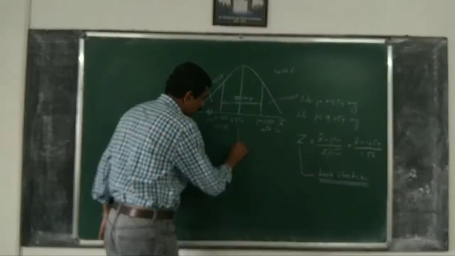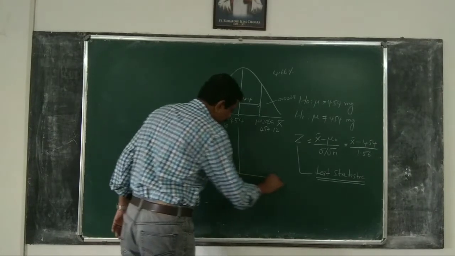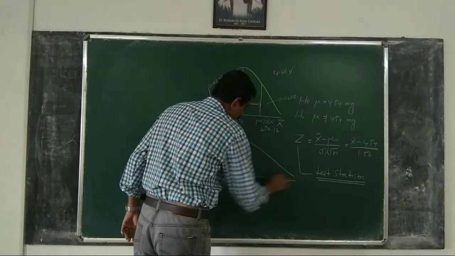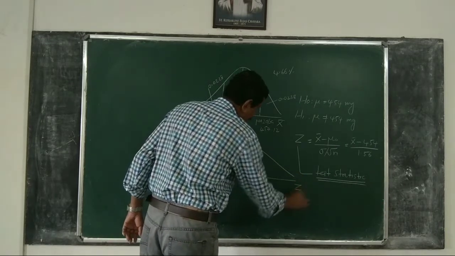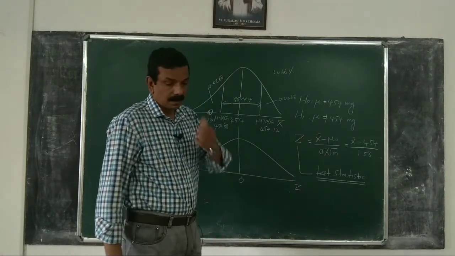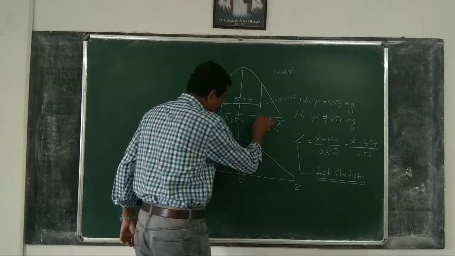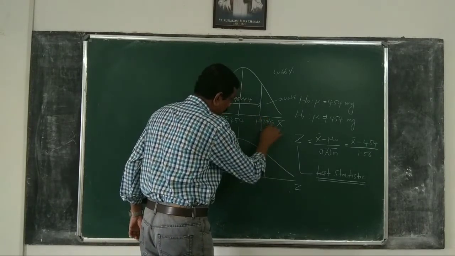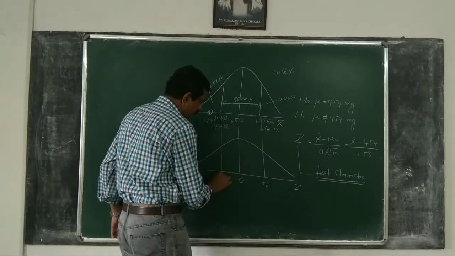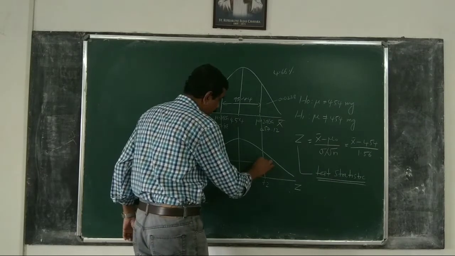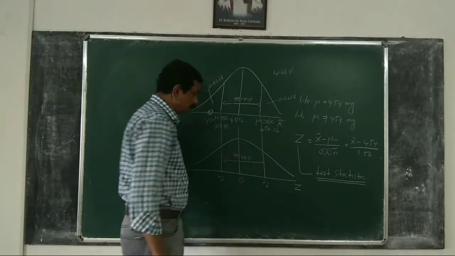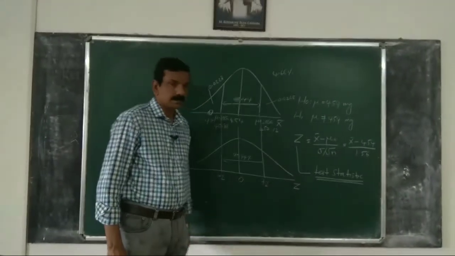And here the standard normal distribution is this, with a zero mean. Remember this is the Z derived from x bar. And we know that the Z corresponding to mu plus or minus 2 sigma by root n is plus 2. This is minus 2. So 95.44% of Z lie between minus 2 and plus 2.